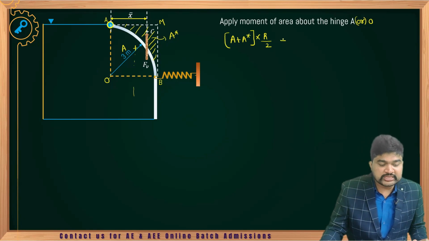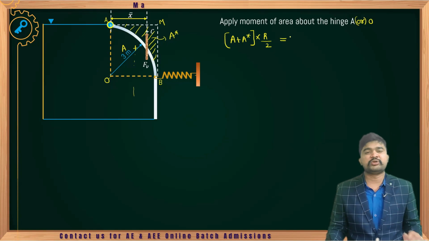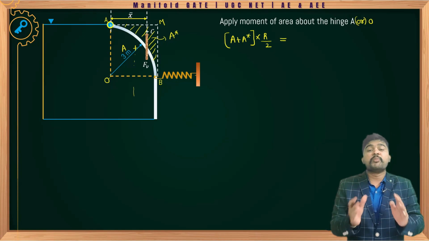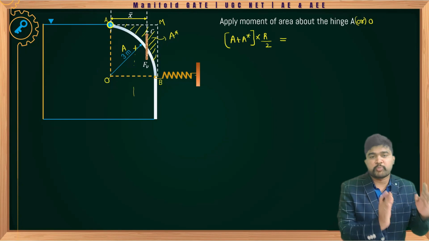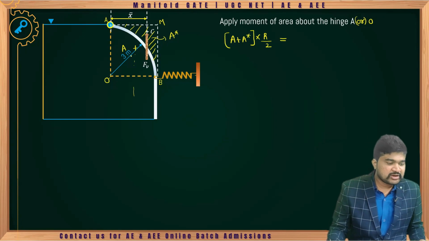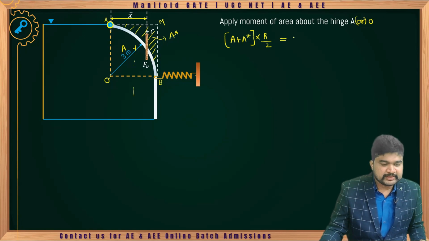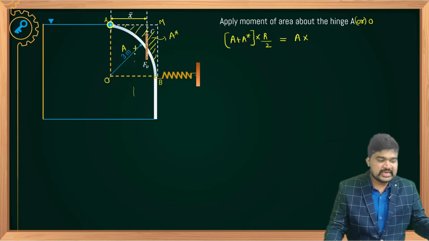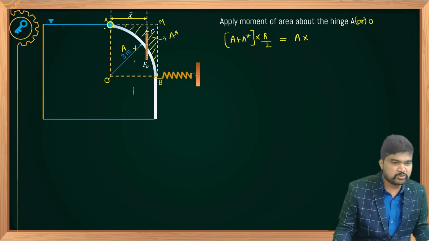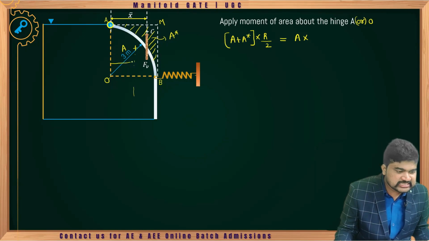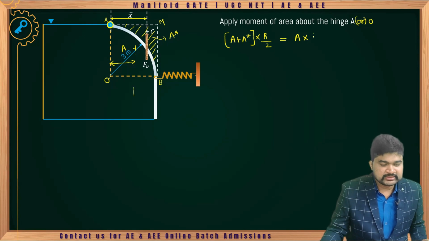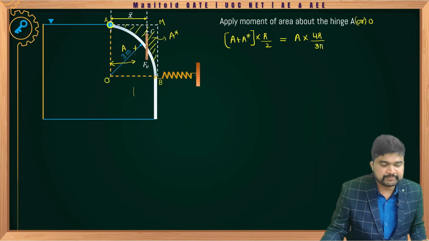So that is equivalent to, now we need to take individual moment of areas about point A. Okay, so here first take A moment of area. Okay, now A about point O or about point A. This distance will be 4R by 3 pi.